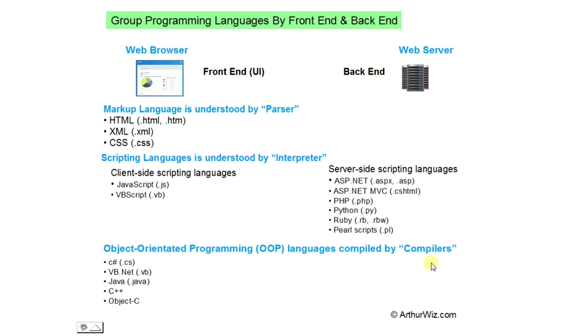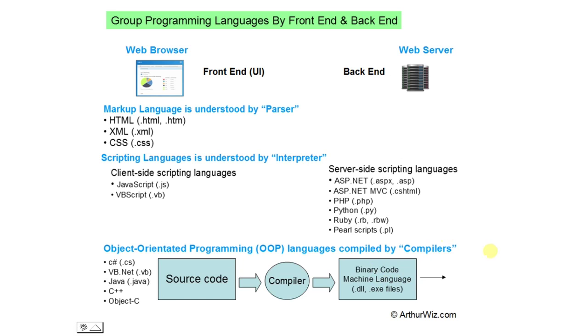So instead of interpreting or parsing like JavaScript or HTML at the time when the user requests something, the source code of the object-oriented programming languages is already compiled into a separate file, a binary code, or machine language, where the processing time becomes minimal and fast. The examples are C#, VB.NET, Java, C++, and Objective-C.